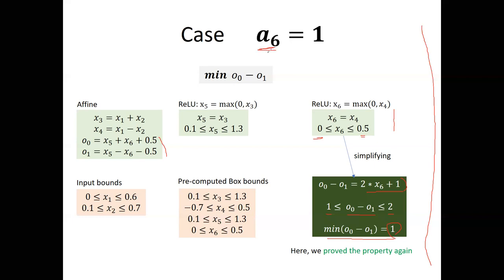So we really had to invoke linear programming on 2 instances out of the 4 possible ones by just using the bounds. And using these 2 instances that we are left with, we're able to prove our property.